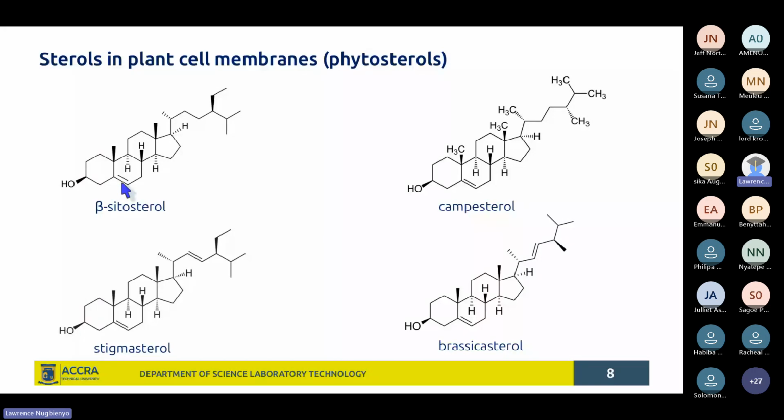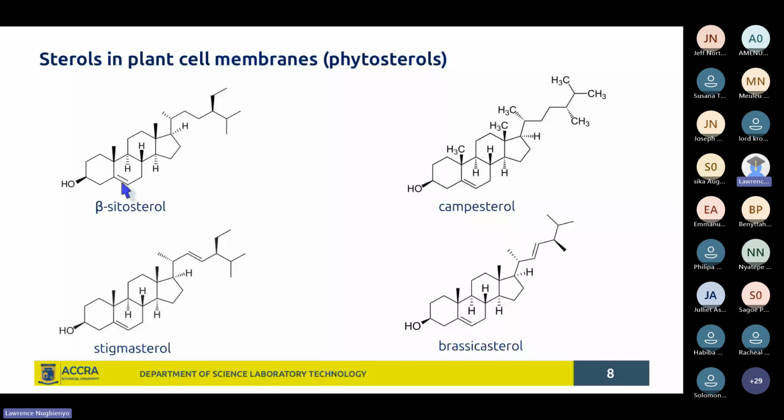Those of you who are interested in microbiological research work, you test the activity of some of these extracts against some bacterial strains and things like that.